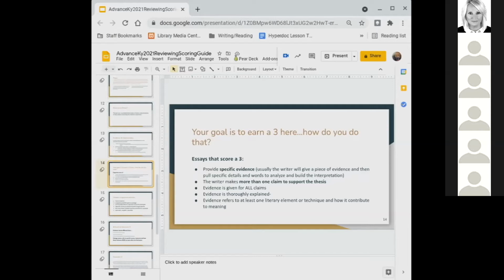You have to be able to say, this piece of evidence does this, and it contributes to the meaning because it is building on this earlier idea, or it continues this imagery that continues to develop and emphasize maybe the speaker's anger.